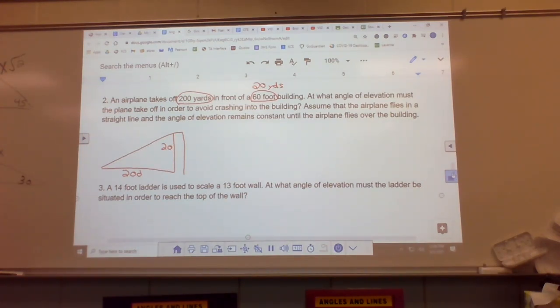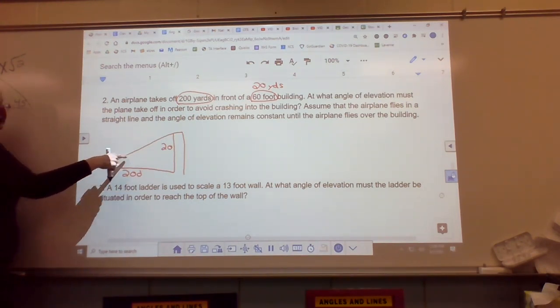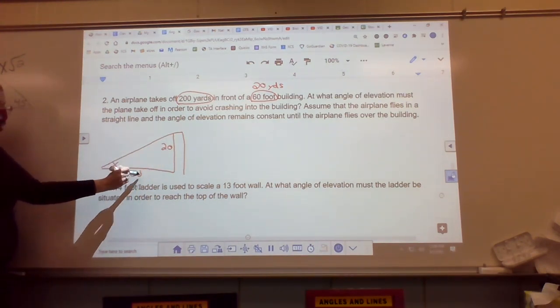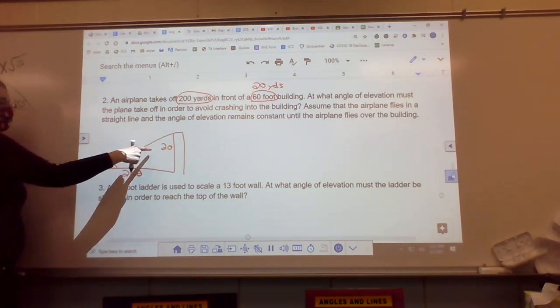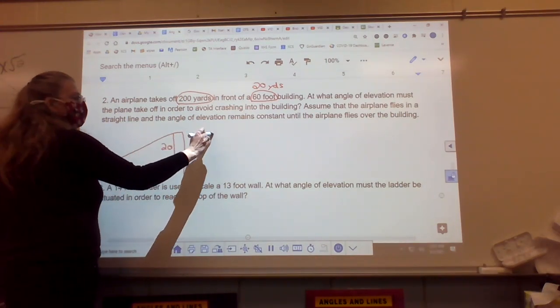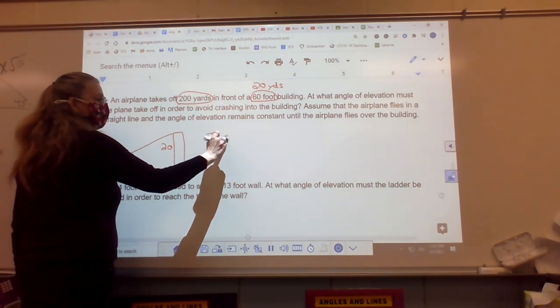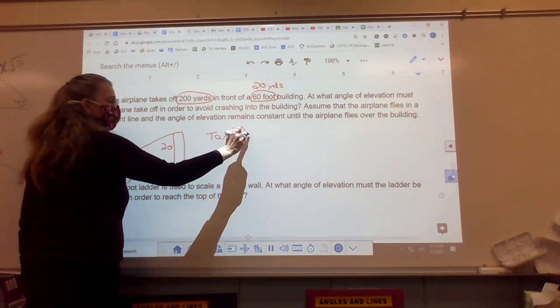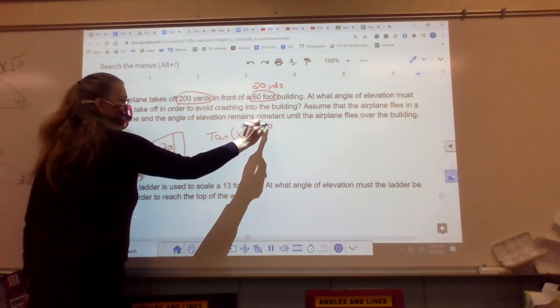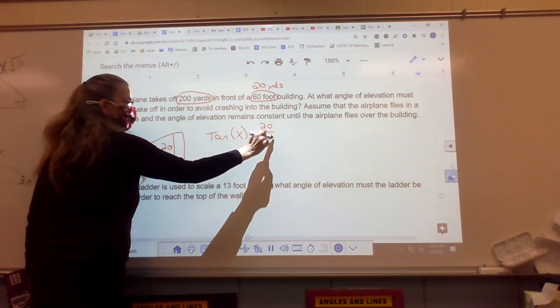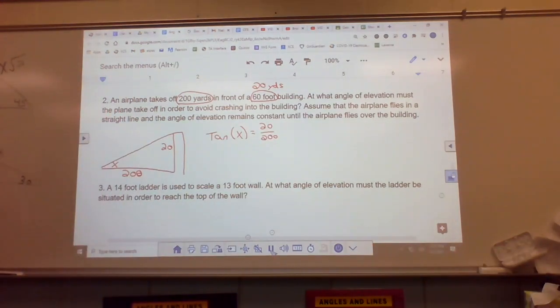I want to figure out the angle of elevation. So that's this guy. Opposite, adjacent. So that's going to be a tangent. So tangent, I don't know the angle. Opposite, adjacent. There's my set.